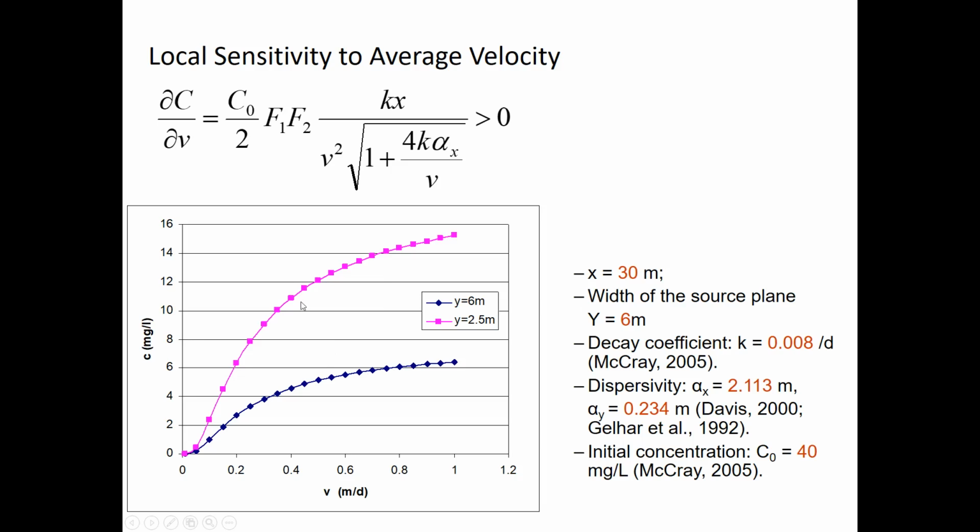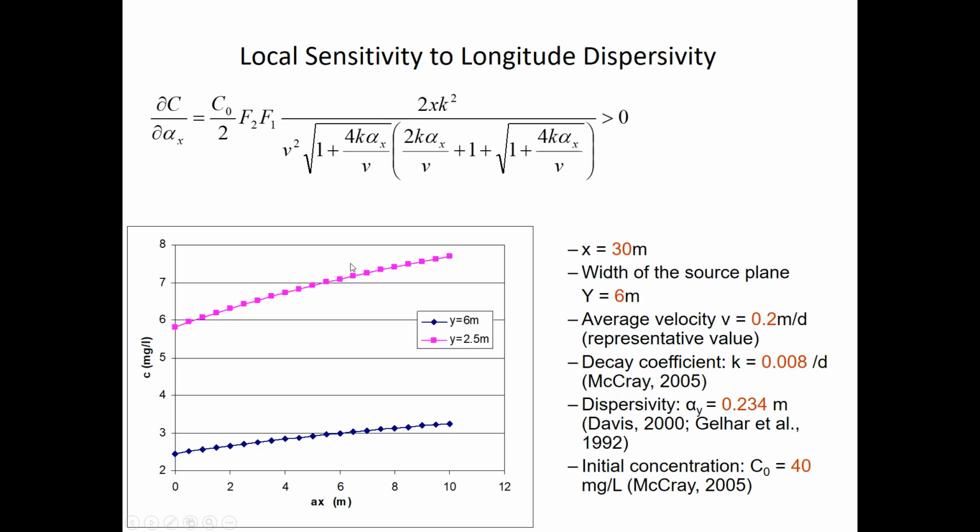This makes sense because you have a high velocity and the nitrate moves fast from the source plane to the 2 points we consider here. That makes physical sense.